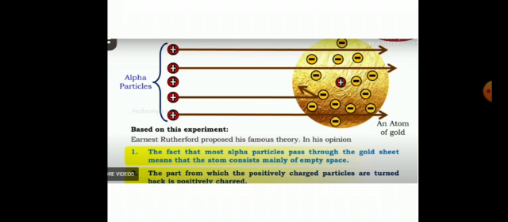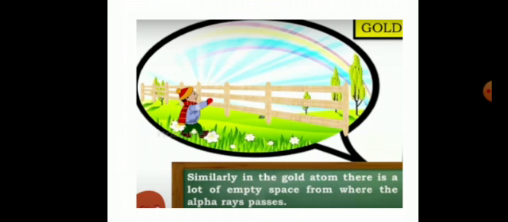The second ray hits the gold sheet and turns back. Now let us understand the reason behind this. If you throw a stone towards the fence, the second stone will hit the fence and turn back. Why does this happen? Because the stone hits the plank and the plank does not allow the stone to pass through it.